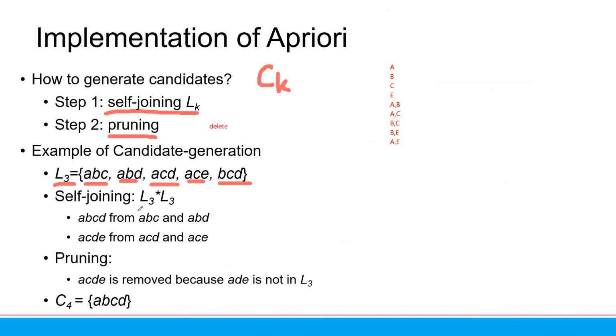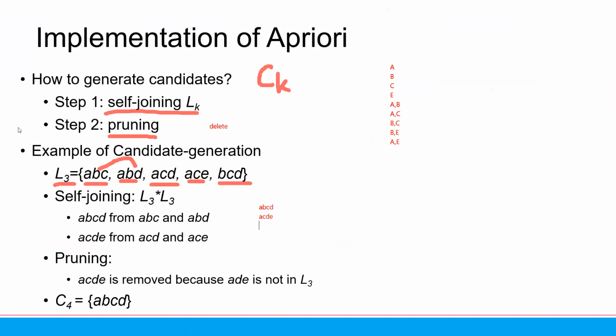So when you do the self-joining, you can have a combination like this. The combination can be ABCD for the next candidate. Or it can be ACDE. Okay, this is the self-joining. You can find the combination from this candidate.